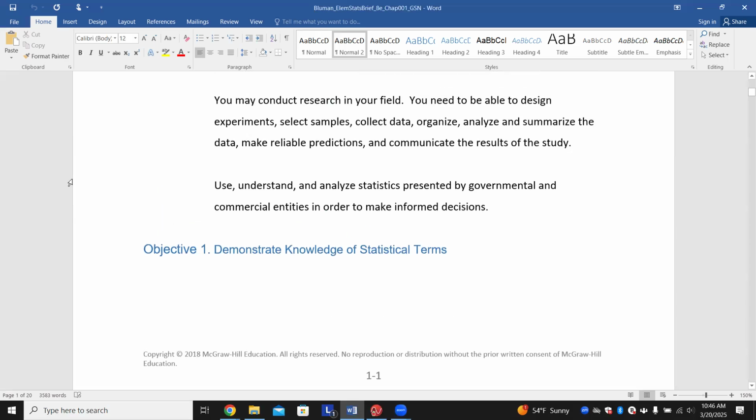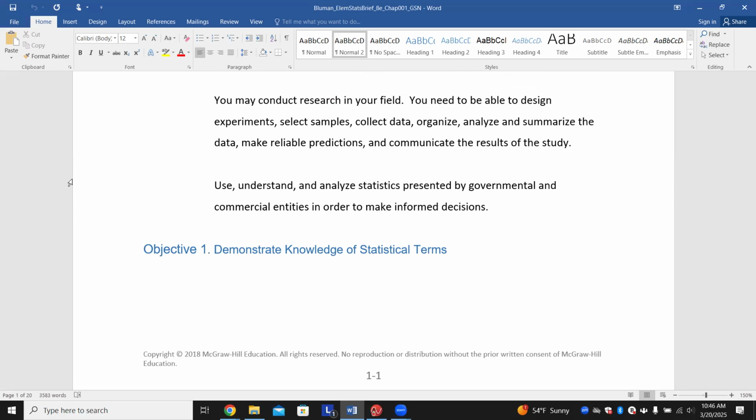All right, you may conduct research in your field. You need to be able to design experiments, select samples, collect data, organize, analyze, and summarize the data, make reliable predictions, and communicate the results of the study. As I just said a while ago, you want to use, understand, and analyze statistics presented by governmental and commercial entities in order to make informed decisions for your company or for yourself.